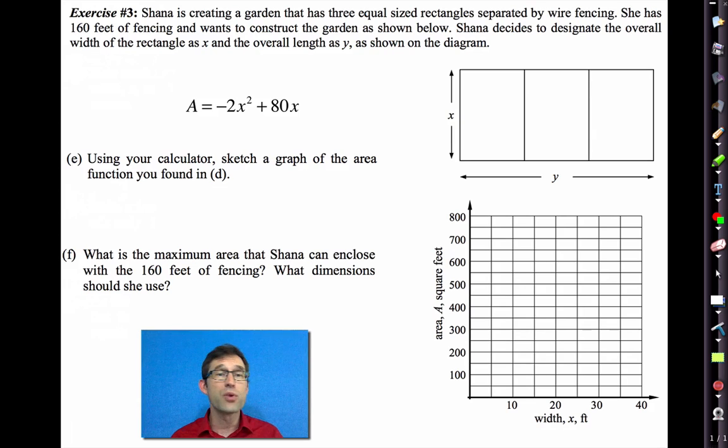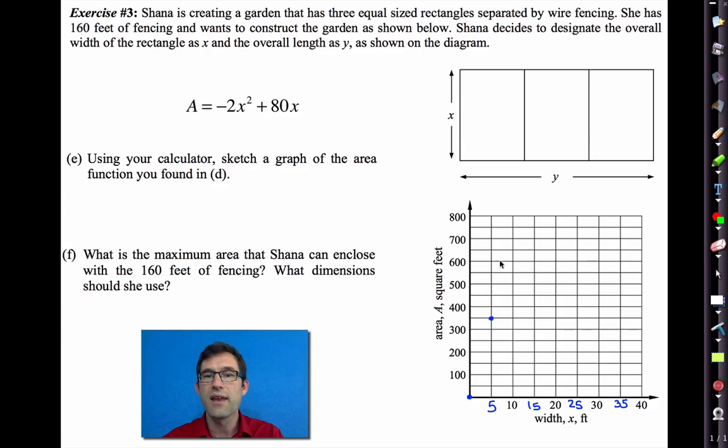But you would open it up, you would put that into Y1, you'd generate a table of values. Please note I would probably have the table go by 5s because that's what's going on down here on the x-axis, right? And if I did that, what I would find is that when the width is 0, the area is 0. And when the width is 5, the area is 350.